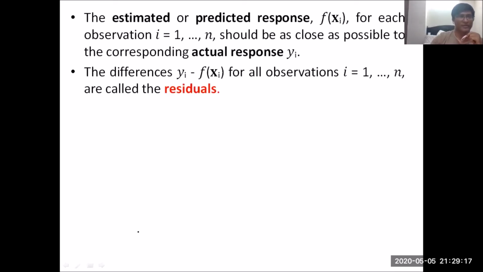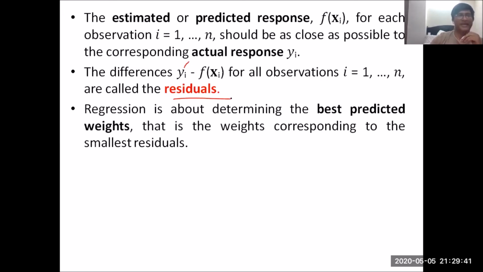So this difference, yi minus f(xi). f(xi) is after applying the model, and yi would be the actual response that may exist, right? The difference between these two quantities we call residuals, right? The regression is basically about determining the best predicted weights, or the regression coefficients.